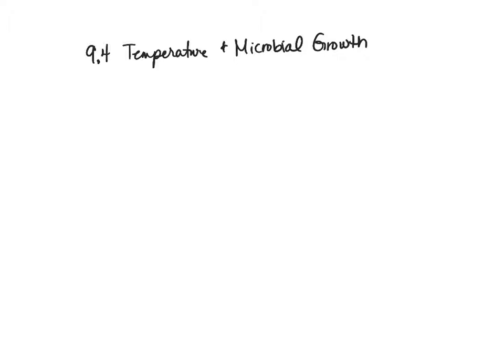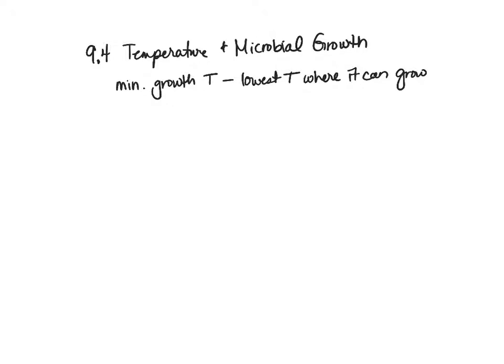So when we're talking about temperature and microbial growth, we're seeing something similar to pH, where we have a minimum growth temperature. And that, of course, is the lowest temperature where this organism, whatever organism we're talking about, can grow.